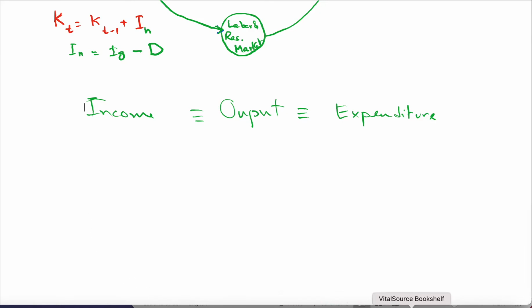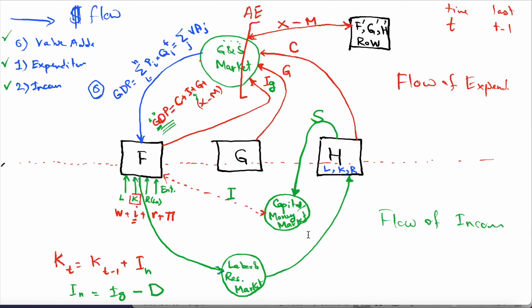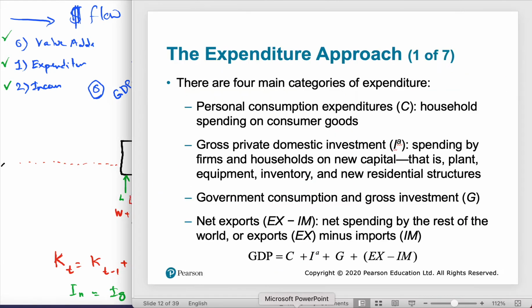So we've already finished actually, they're all in one go. That's why I give so much value to understanding the circular flow diagram.